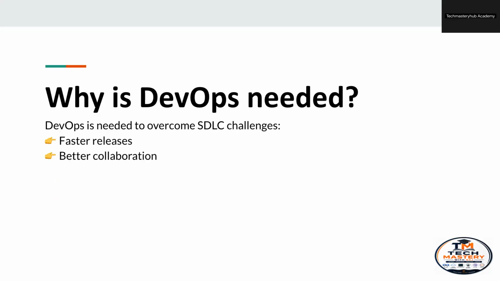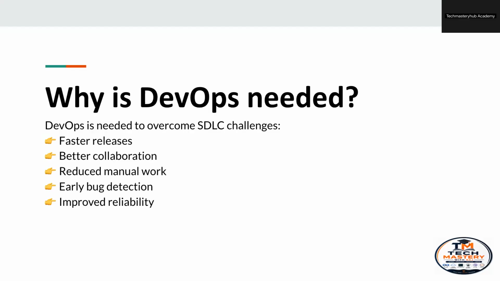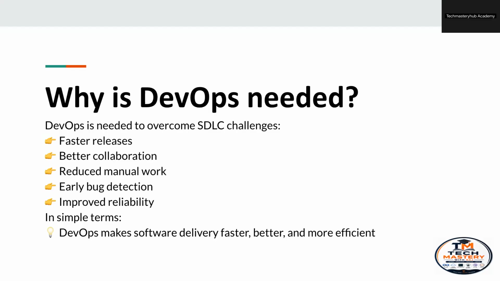There is better collaboration between teams in the DevOps process, in the DevOps culture. There is reduced manual work, early bug detection, and improved reliability. In simple terms, DevOps makes software delivery faster, better, and more efficient. And that's why DevOps is needed.